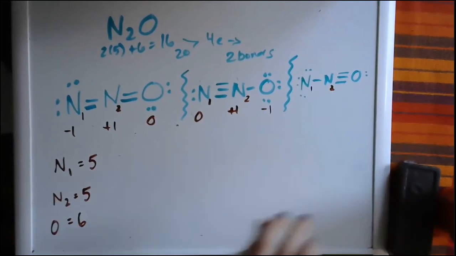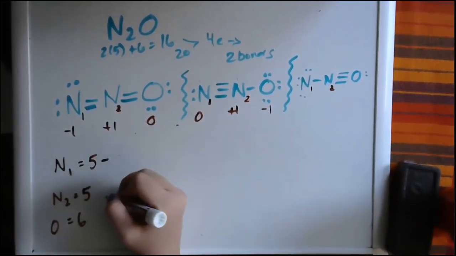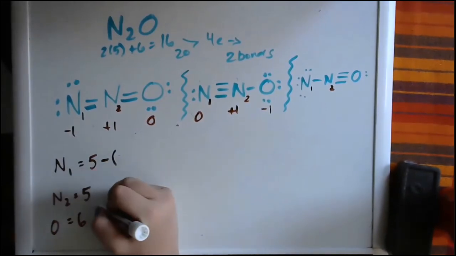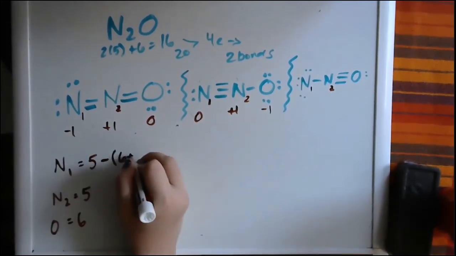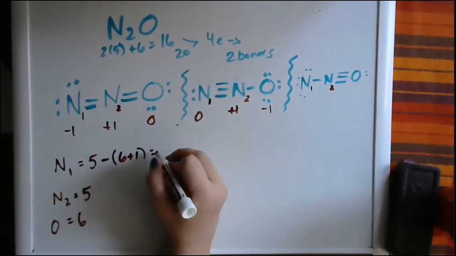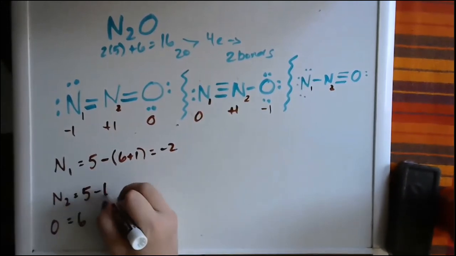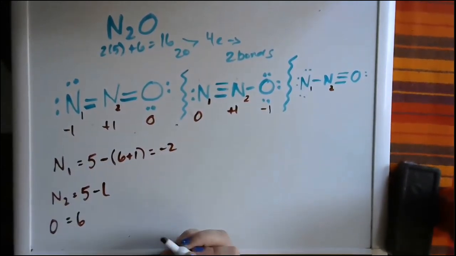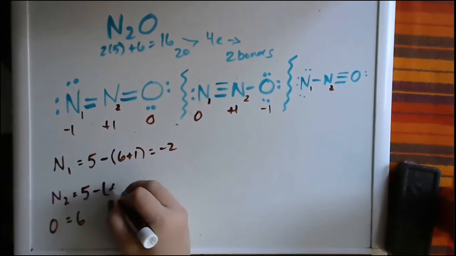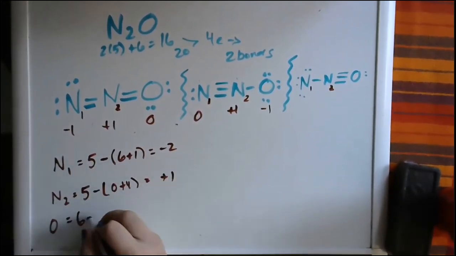Okay, now let's do our last one. So for N1, we have 5 valence minus 2, 4, 6 plus 1. It's 5 minus 7 is -2. Oh, it started to not look good. N2 is 0 plus 4, +1.